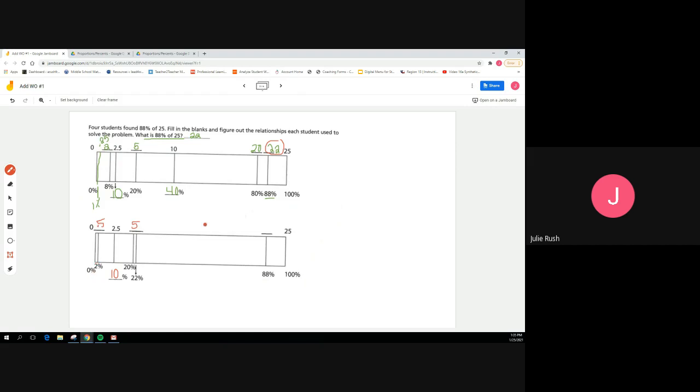I'm not sure what this 22% is. I think it's actually a typo because I'm thinking that this student probably did 100% minus 12% gives me 88%. So what is 12%? Well, 10% is 2.5 and 2% is 0.5.